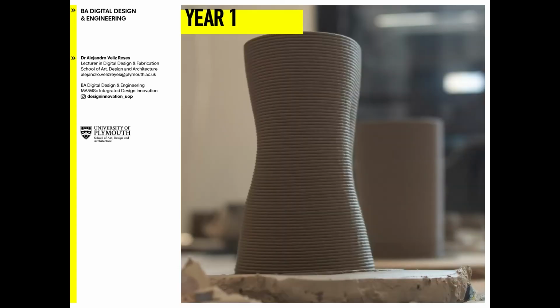So in year one, we build the foundation for the program and we deliver the knowledge and skills necessary to competently deliver a project in our design lab environment, by addressing the groundwork of different skill sets that you will use throughout the course.